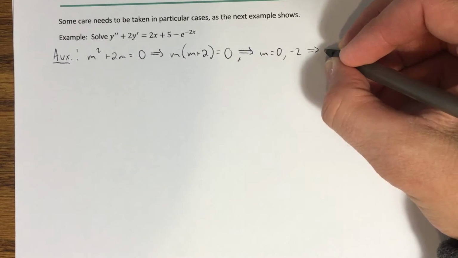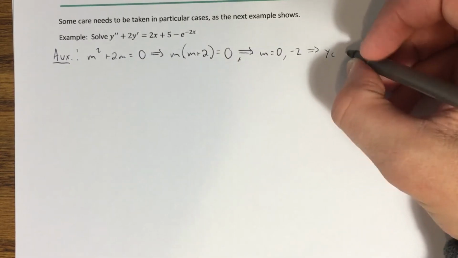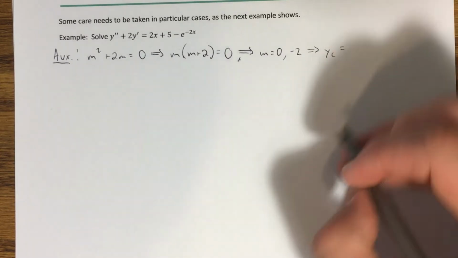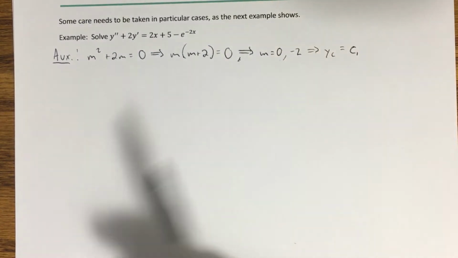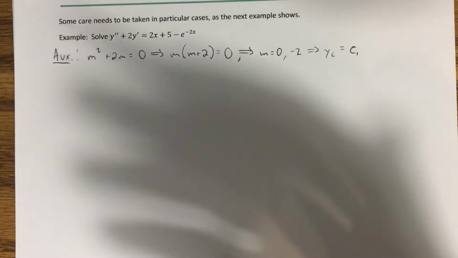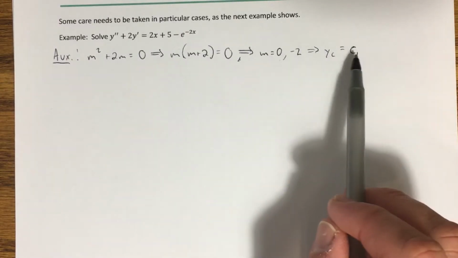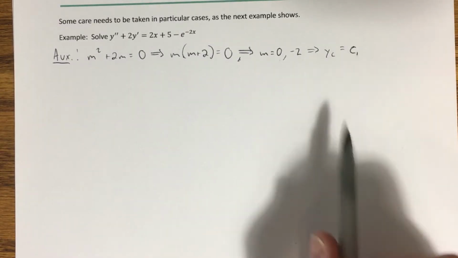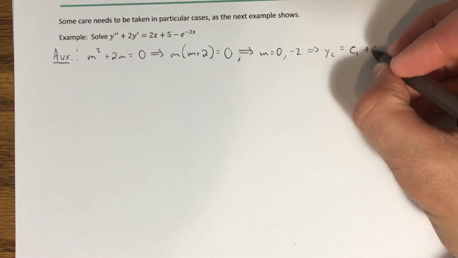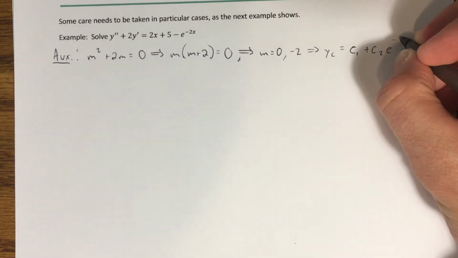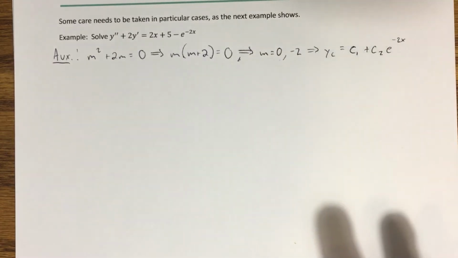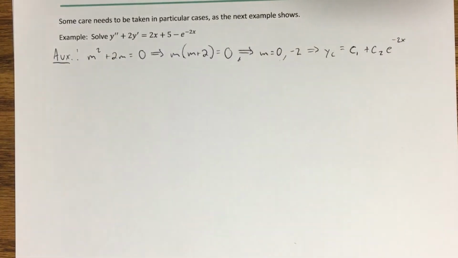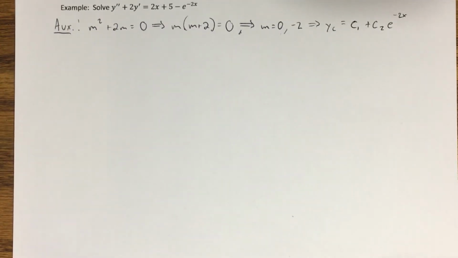So this gives us a complementary solution, y c equals c1 e to the 0x, which is the same thing as e to the 0, which is just 1. So notice that this gives me a constant only, c1, plus c2 e to the negative 2x. Okay, nothing out of the ordinary there. That's just a normal process for getting that complementary solution.